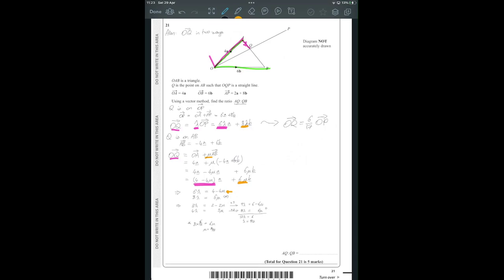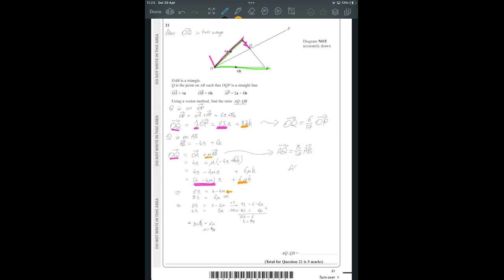I cared about the AQ and the QB. So if we look to where we introduced mu, this is saying that A to Q, I'm going to ignore the O to A bit, I just want the A to Q, is 8/17 of A to B. Well, that gives us our ratio.